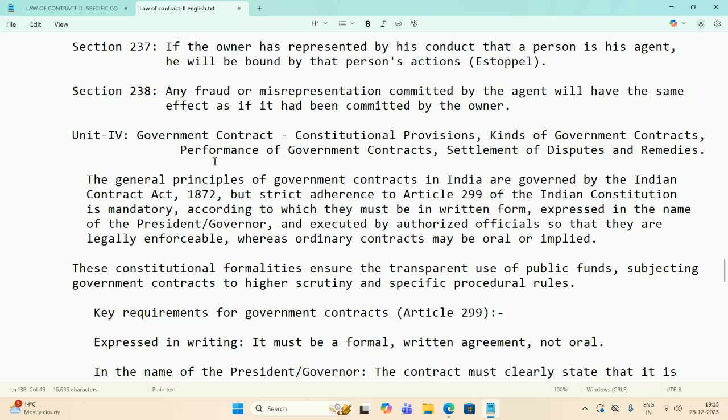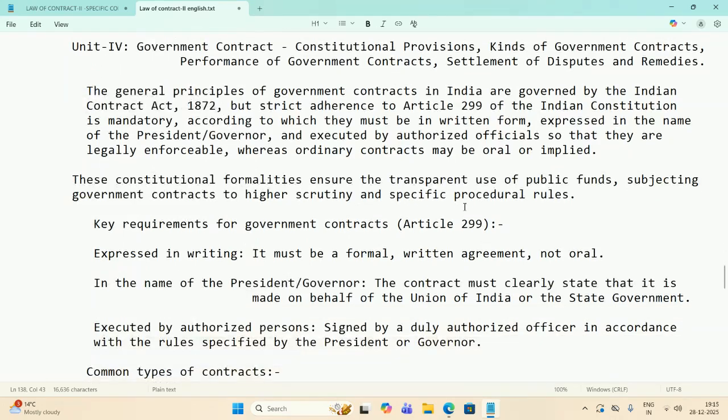Whereas ordinary contracts may be oral or implied. These constitutional formalities ensure the transparent use of public funds, subjecting government contracts to high scrutiny and specific procedural rules.